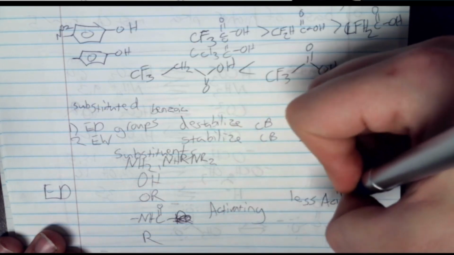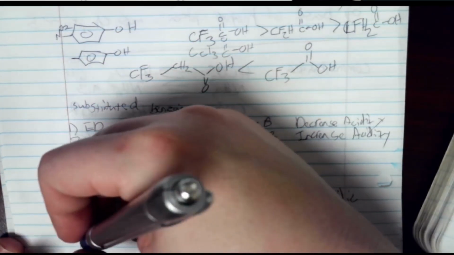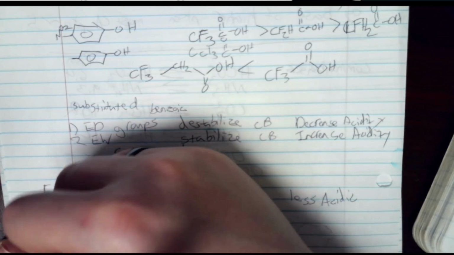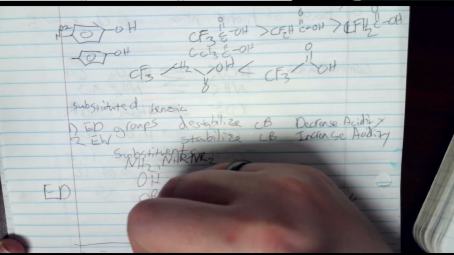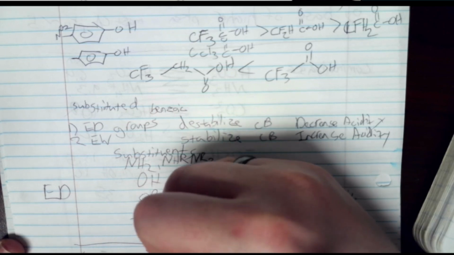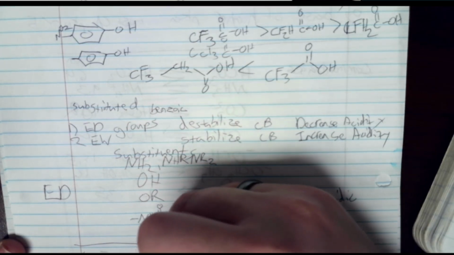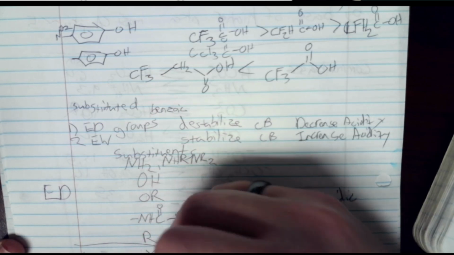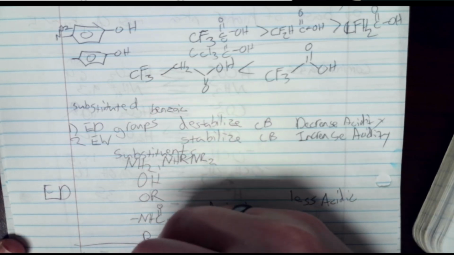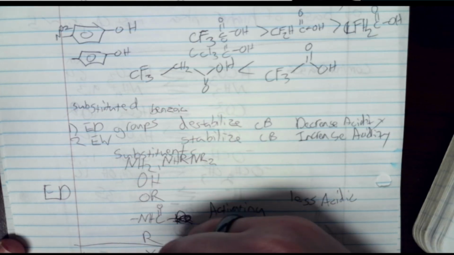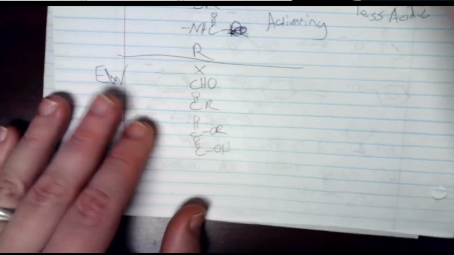And then, of course, our electron withdrawing groups. We have our halogens, we have our aldehydes, we have our ketones, we have our esters, we have our acids. Sorry, I'm going a little low.